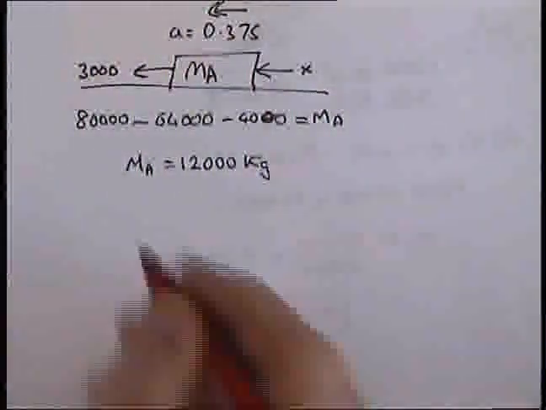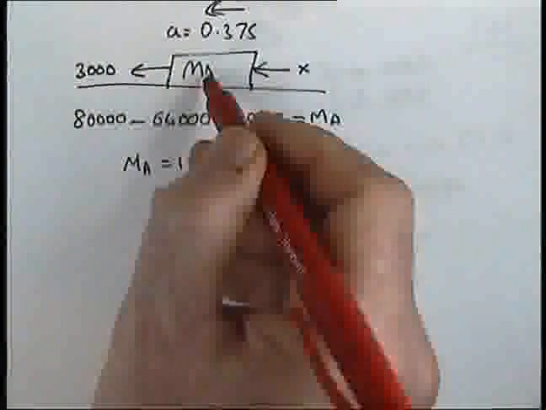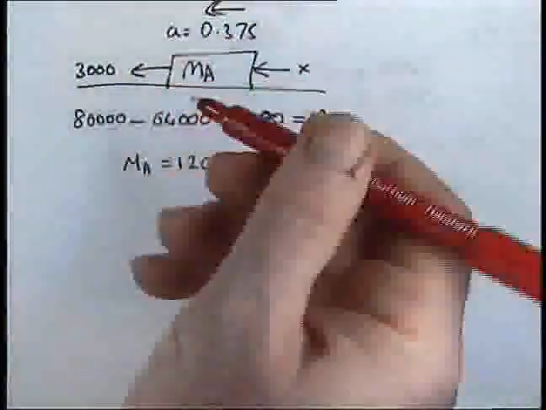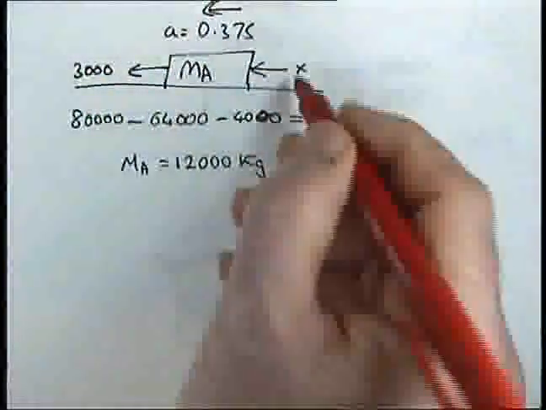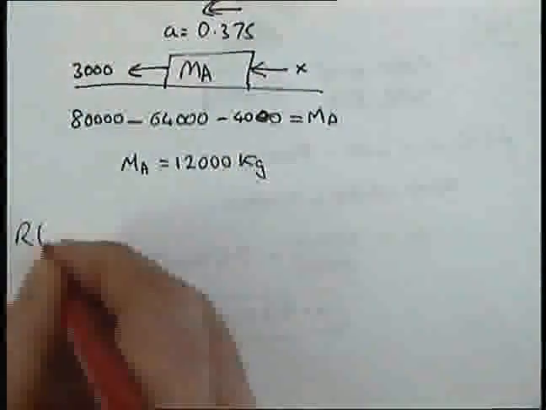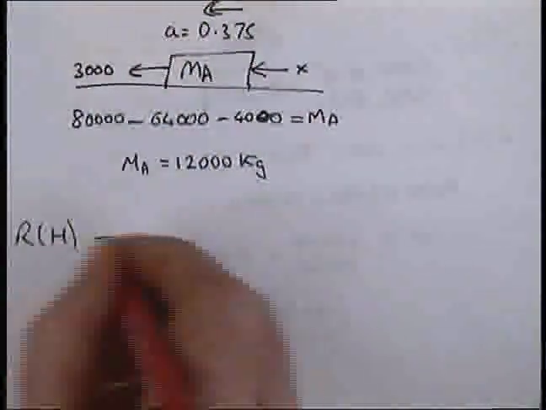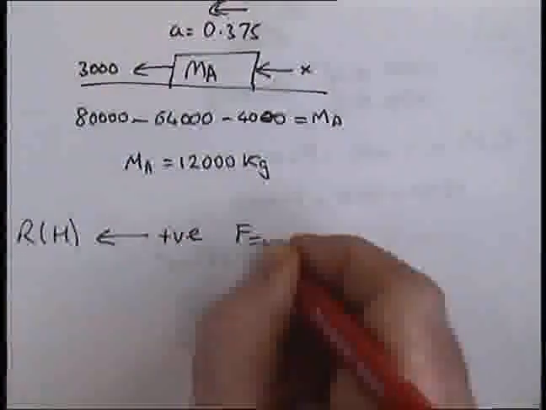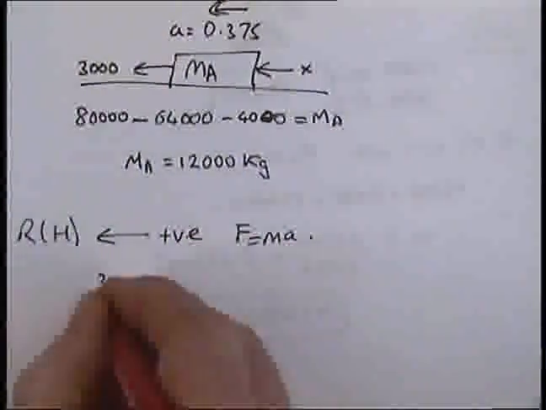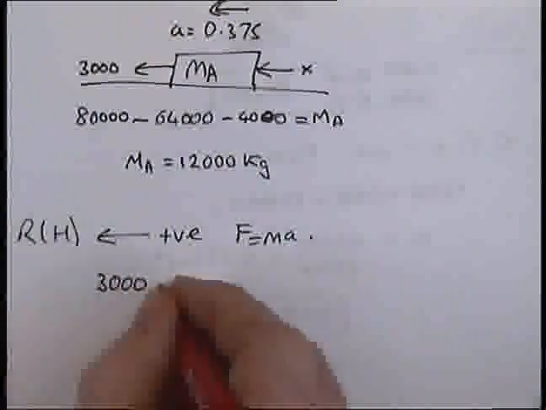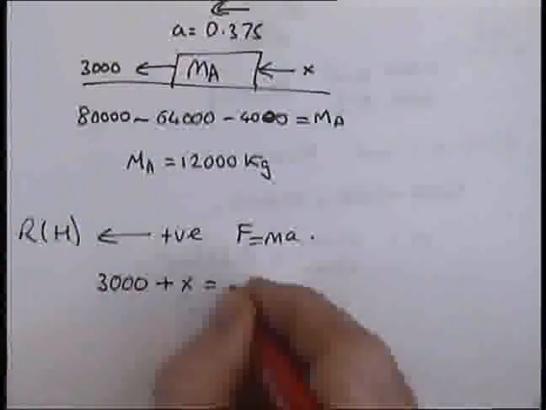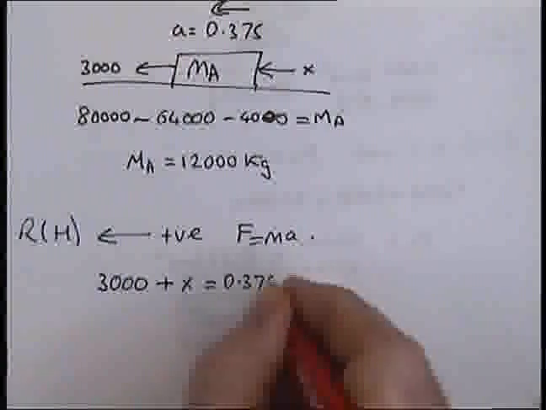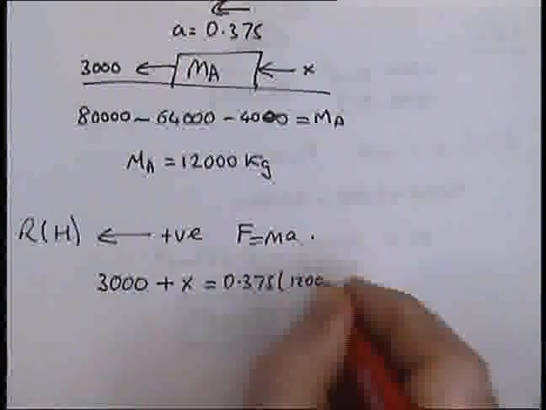Okay. So now we know that the mass is 12,000 kilograms, we know the acceleration in that direction, we know 3,000 newtons in that direction, so we can work out X by resolving one more time, resolving horizontally, taking left to be positive, using F equals MA, and then you get 3,000 plus the X is equal to 0.375 lots of 12,000.